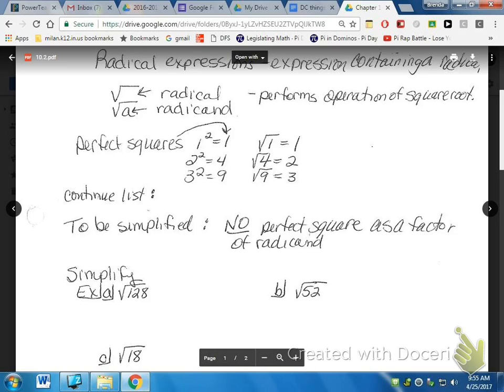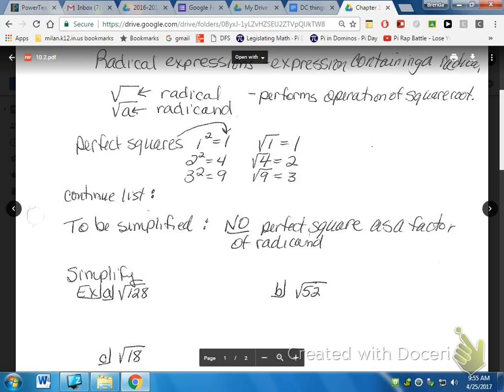To be simplified, this is very important, it means that there is no perfect square as a factor of a radicand. To be completely simplified means there's no number left in the radical sign that is a perfect square.